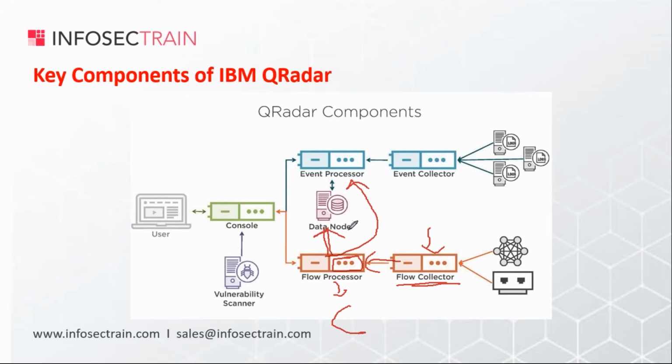And once that is done, QRadar's anomaly detection engine identifies any sort of behavioral changes or policy violation within that particular flow, that is network activity, and then it distributes the information if needed, and then sends the flows to the magistrate component, which is again on the console. Understood? So that is, guys, your flow processor.